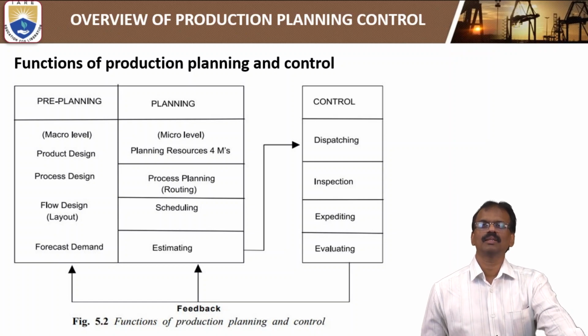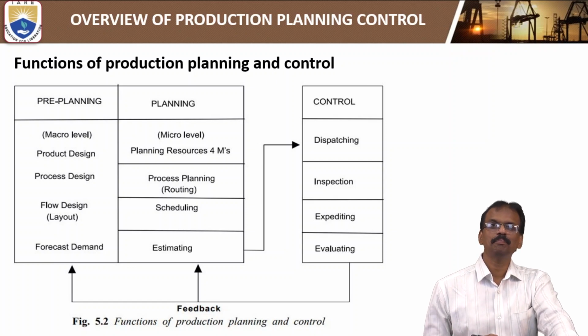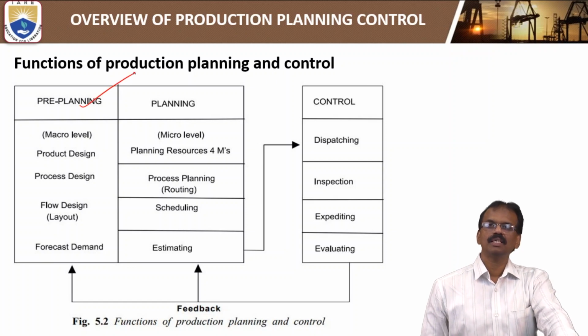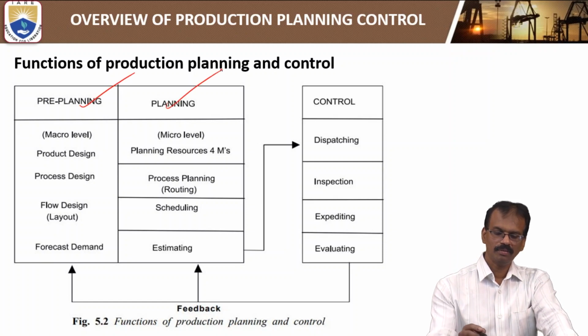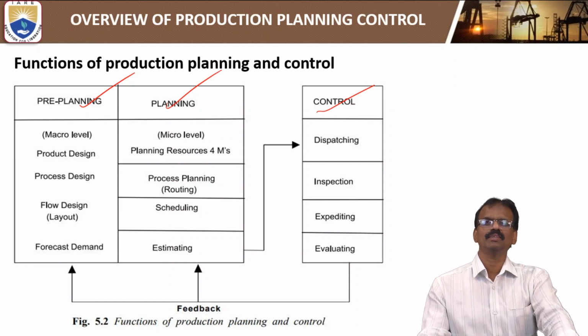We can divide these functions into three types. One is the pre-planning function. Second is the planning function. Third is the control function. Pre-planning occurs before the detailed planning.